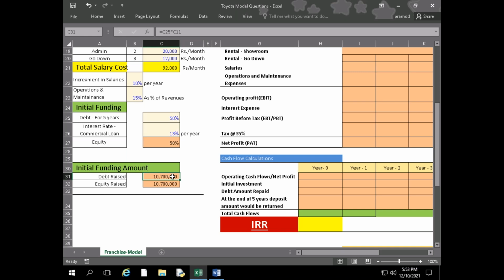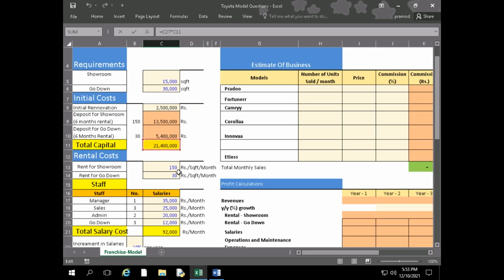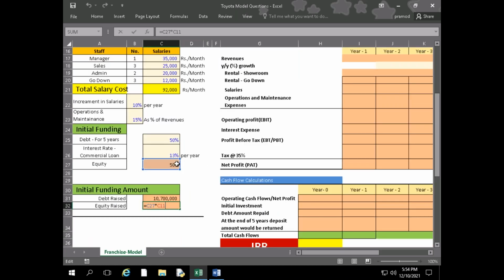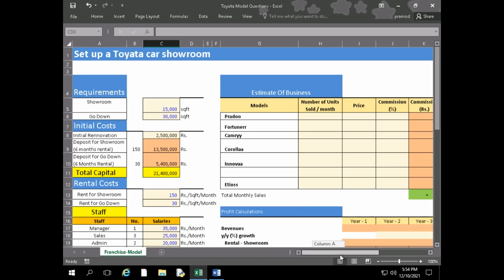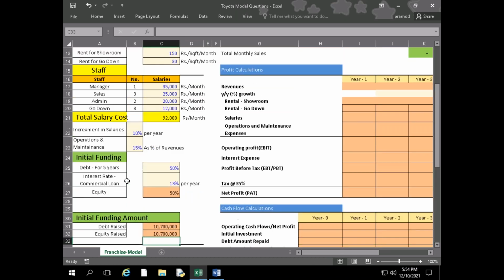Yes, correct. 50 into this total capital. If you wait for 2 minutes, we'll also do it. Okay, fine, do it. So I will fill this table.